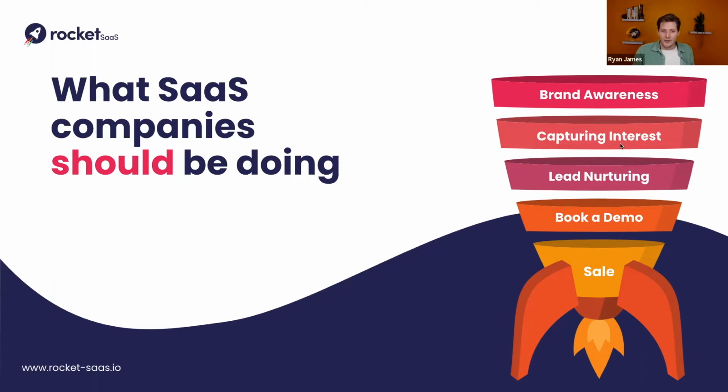But then I see so many SaaS businesses that are losing leads. So many people fall out of the funnel here. I'm sure a lot of people will be aware of this. You've had people that have maybe emailed you, they've maybe downloaded an ebook, maybe they've attended a webinar, and then they haven't gone on to become a customer and you've just sort of let them go. That's where this third piece of the funnel is super important, the lead nurturing piece of the funnel.